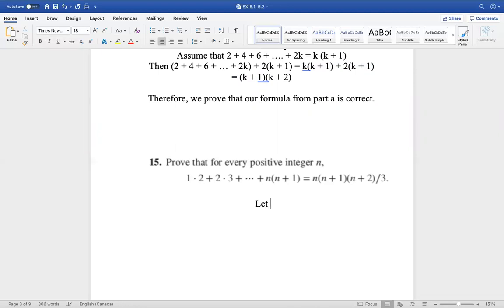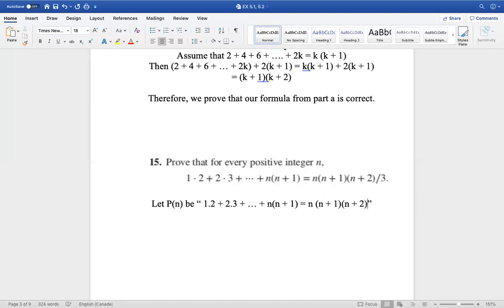So we suppose that P(n) be 1.2 plus 2.3 plus ... plus n into n plus 1, and this equals n into n plus 1 into n plus 2 divided by 3. Nothing new, just the equation in the question, I'm just writing that.